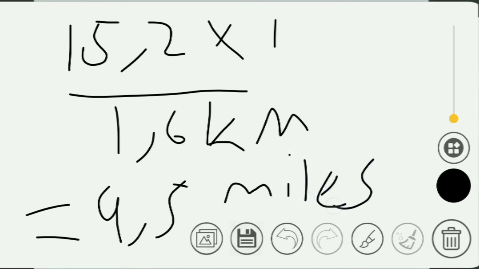So this is how you do it, guys. Here you multiply by 1 mile.